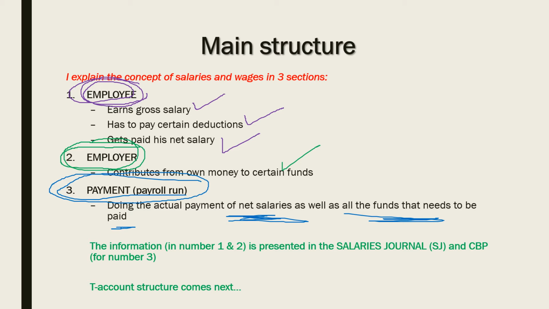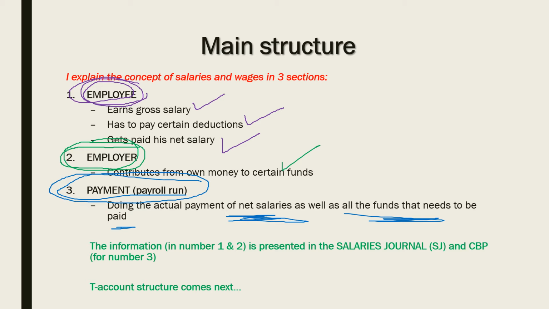Remember, we owe for UIF, we owe for PAYE to SARS, we owe for the SDL, we owe for pension fund, medical aid. So when we run our payroll, we put everything through our bank account and pay our employees, and also pay everyone that we need to pay. Okay, and this is your salary journal as well as your cash book payments. So number 3 is in the cash book payments, number 1 and 2 is in the salary or wages journal.